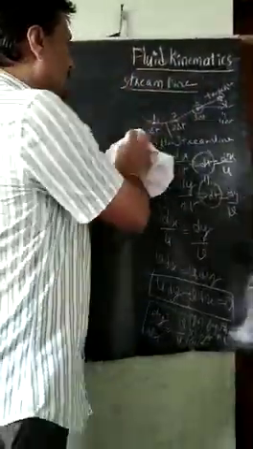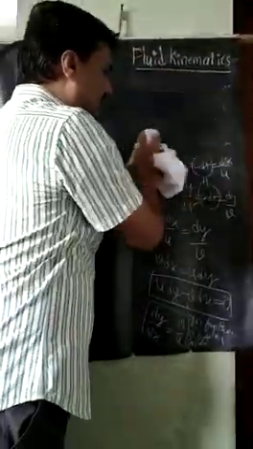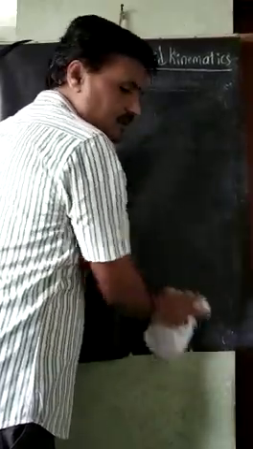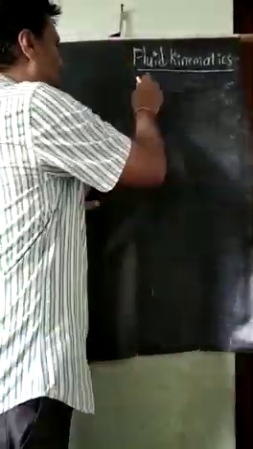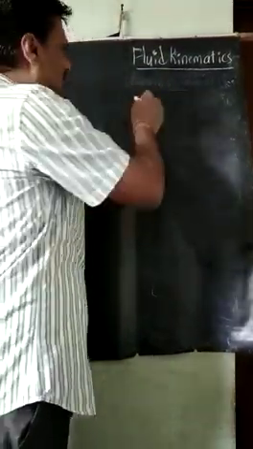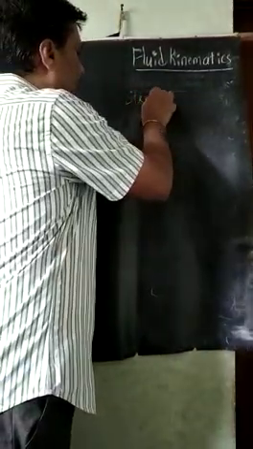Next, another important line that comes up in the case of experimentation is called the streak line.